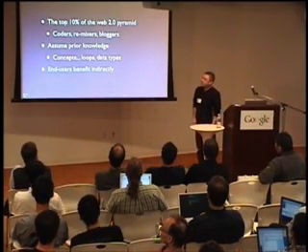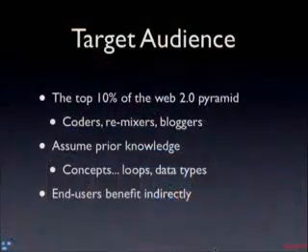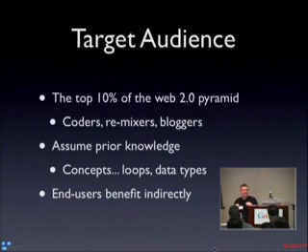OK, so when we were creating this originally, we actually had a significant advantage over a normal website approaching this. One of the assumptions we could make was that we were targeting the top of the Web 2.0 pyramid. So right at the top, you've got the 1% of developers, which is probably like 99% here. Below that, you've got the remixers and the bloggers, another sort of 8 or 9%.